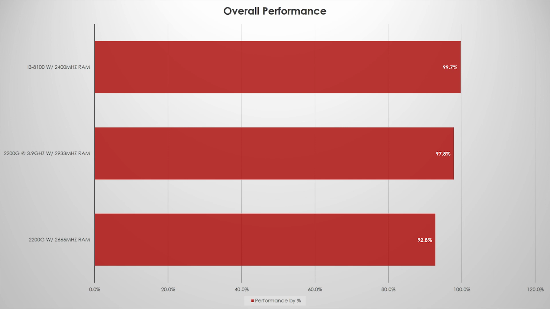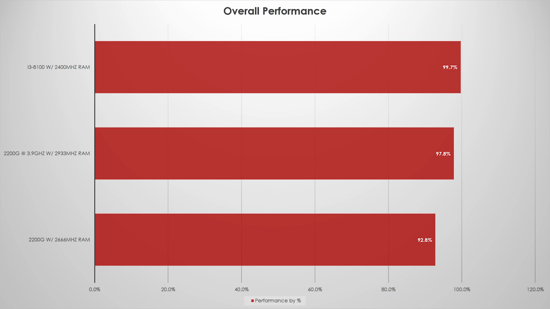The overclocked Ryzen system came about 2% lower, and then the Ryzen system at stock came in quite a fair bit lower, at 7%. So if you're not going to overclock, granted the price difference is going to be quite huge, which we're going to talk about in a minute, we're looking at a 7% performance difference, just plug and play, not doing any kind of overclocking.